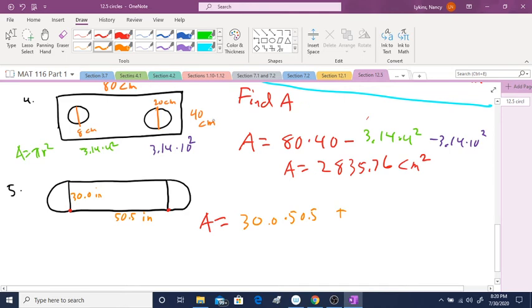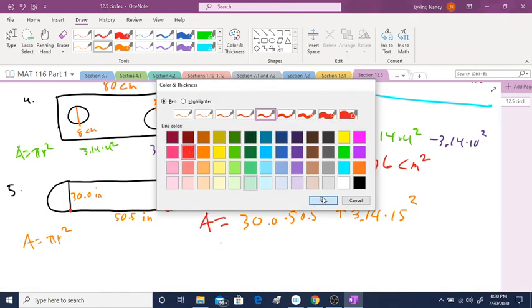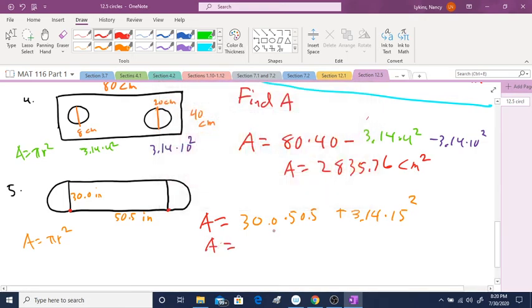And we know area is pi r squared. Now, look at this. Think about this for a second. This does make a whole circle, both ends. So what I'm going to do is multiply by pi, 3.14, times the radius squared, which is half of 30, which is 15. So my area is going to be, I'm going to say 30 times 50.5, and I get 1515.